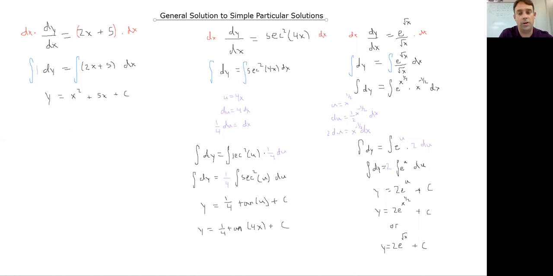So the last thing we're going to do is finding particular solutions to simple differential equations. And this is basically where we solve for what c is. So let me show you how this works.